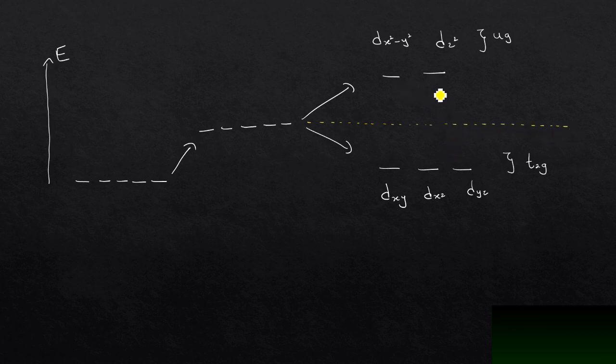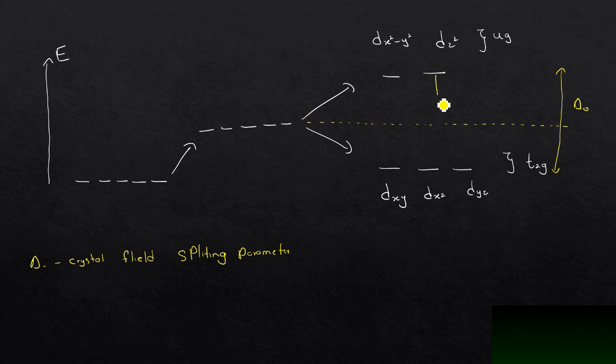So this whole gap over here we denote as delta O, which we call the crystal field splitting parameter.